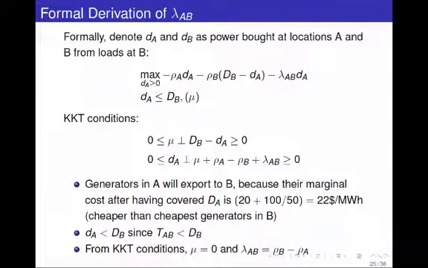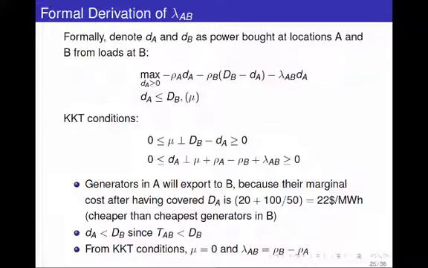So what is the objective function saying? You can do two things. So dB minus dA is what B produces. It is what is bought locally, exactly, and little dA is what I'm importing from outside. Well, if I'm buying locally, I'm paying local price rho B. If I want to import from outside, I'm going to buy at the outside price, but also pay for the transmission rights.